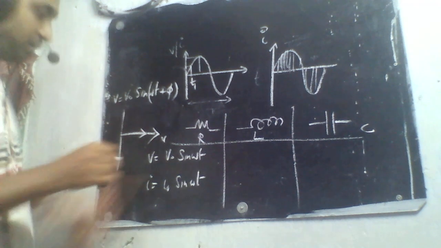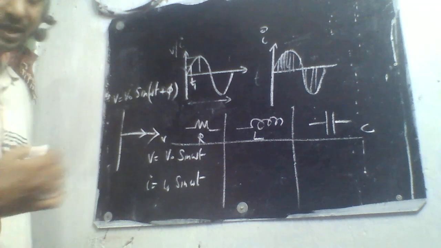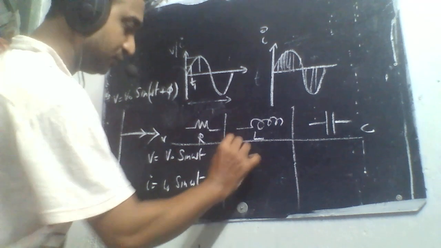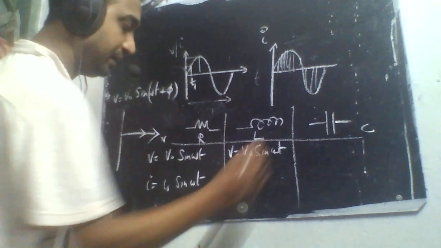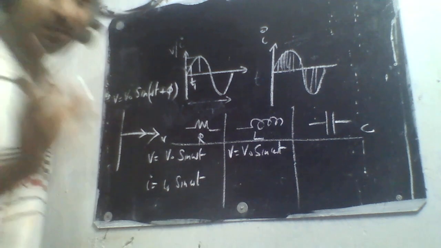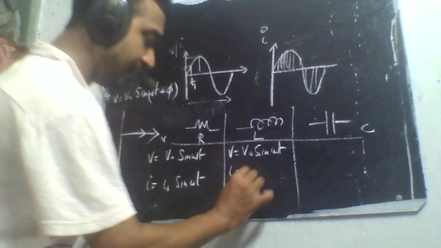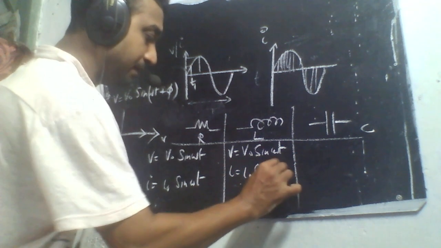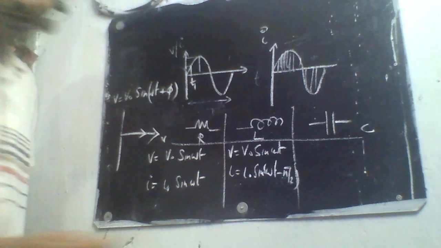Now if you go for an inductor, the current lags behind the applied voltage. V is the applied voltage, V0 sine omega t. I will be lagging because of the back EMF. So the current equation will be I is equal to I0 sine omega t minus pi by 2. It lags behind the voltage by an angle of 90 degrees.